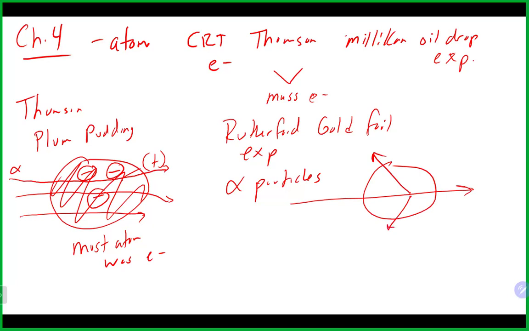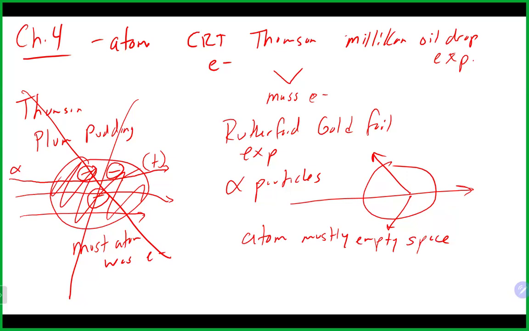So what that had to do was they had to kind of revisit the model of the atom and kind of move away from this one and come up with sort of the current model of the atom, which is that the atom is mostly empty space. And again, that is why most of those alpha particles went through with no deflection. It does contain a dense positive core, right? And that dense positive core is the nucleus.